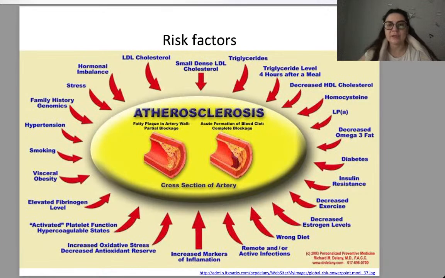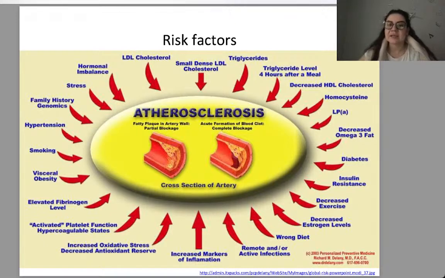It is abnormal lipidogram that includes high LDL cholesterol, high level of small dense low-density lipoproteins, high levels of triglycerides, high level of triglycerides 4 hours after meal, decreased high-density lipoprotein cholesterol, increased levels of homocysteine and lipoprotein A, decreased omega-3 fats, presence of diabetes or insulin resistance in the patient.